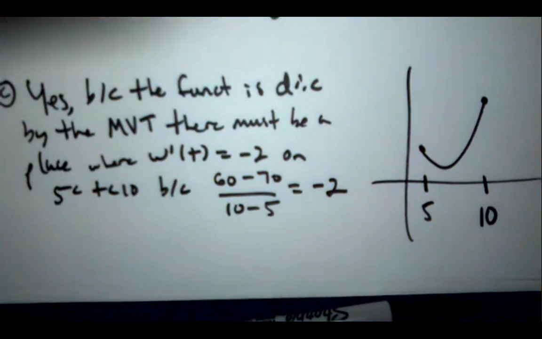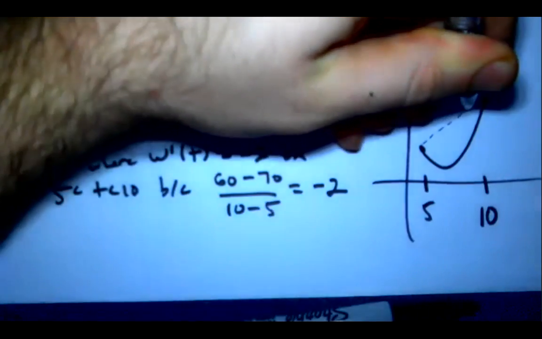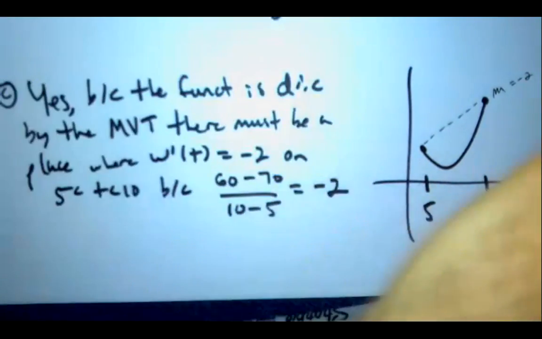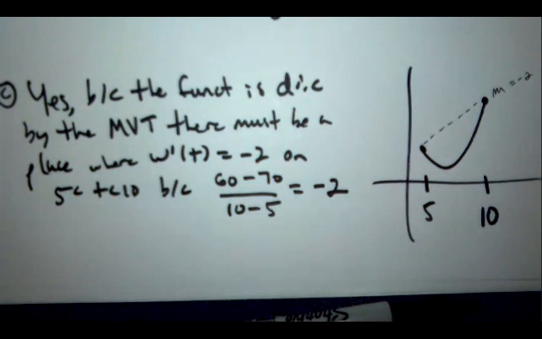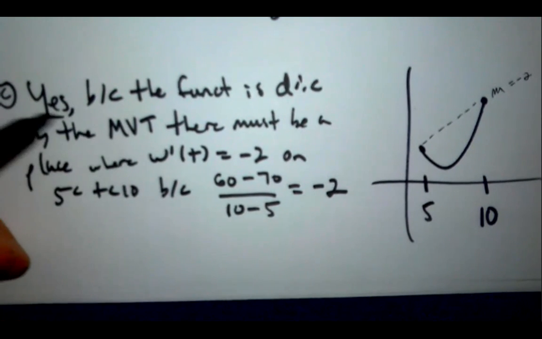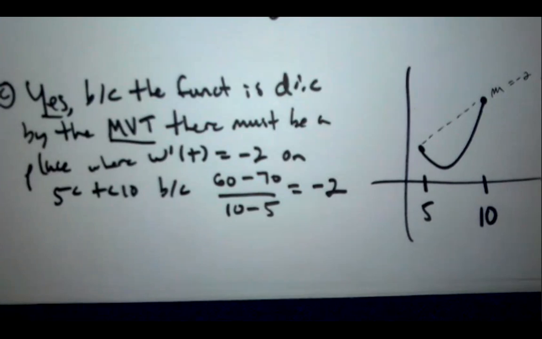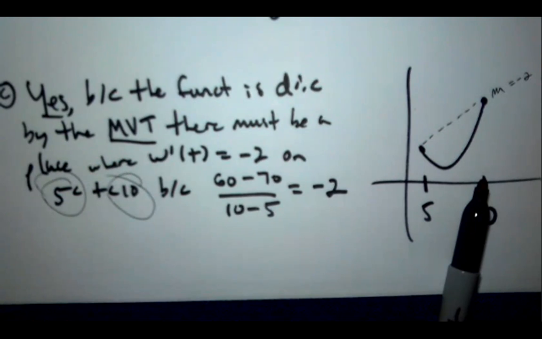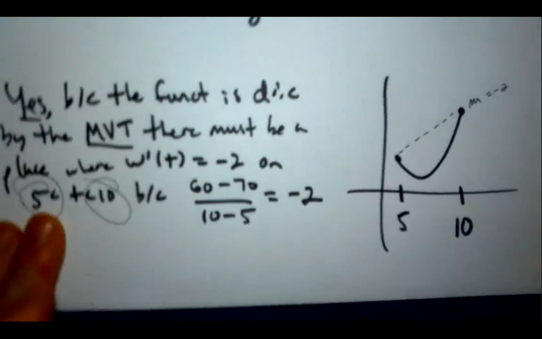And I'm saying, if we would happen to find a secant slope that was -2, wouldn't the definition of the mean value theorem tell me that there is a tangent slope also being the same thing? And I'm just telling you that every time they ask this question, it's yes, it's MVT, and then use the endpoints they're giving you to locate your slope. And it always checks out because they don't want you to be looking forever. They just want you to understand the idea of the mean value theorem.